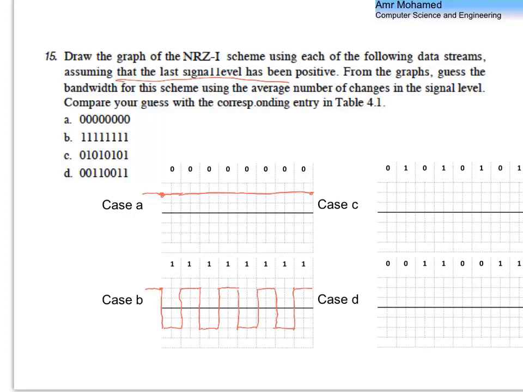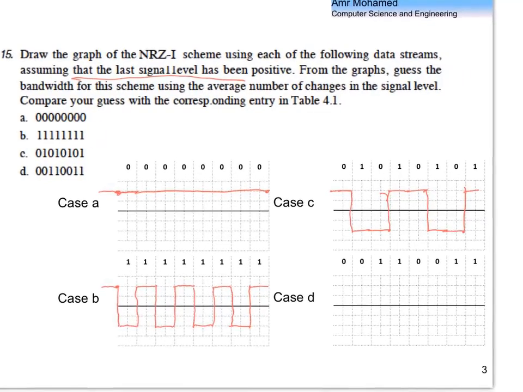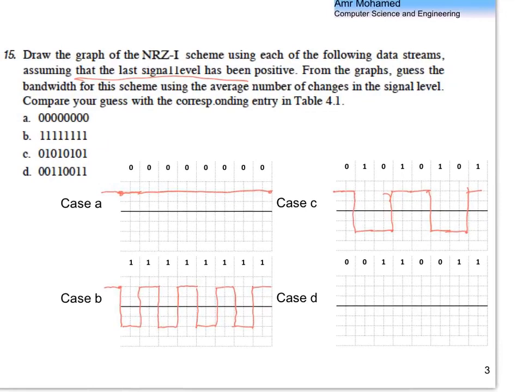So this is the non-return to zero invert. If we are positive, then for the 1 we go negative, and then 0 we keep going, and then for 1 we go positive, and then 0 we go straight, and then for 1 we go negative, then we keep straight, and then 1 we go positive, and that's it.